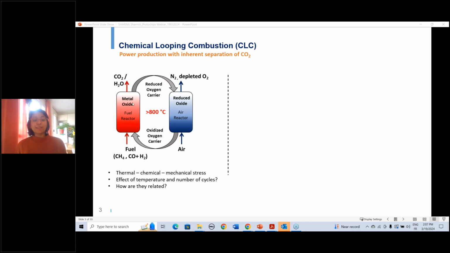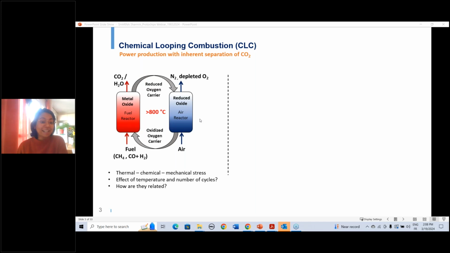However, during the process, the metal oxide itself will get reduced, and in order to regenerate it, we need to pass it down to an air reactor where it picks up oxygen and becomes oxidized. Ideally, we would like to have our material cycling again and again for eternity, but that's only ideally the case.